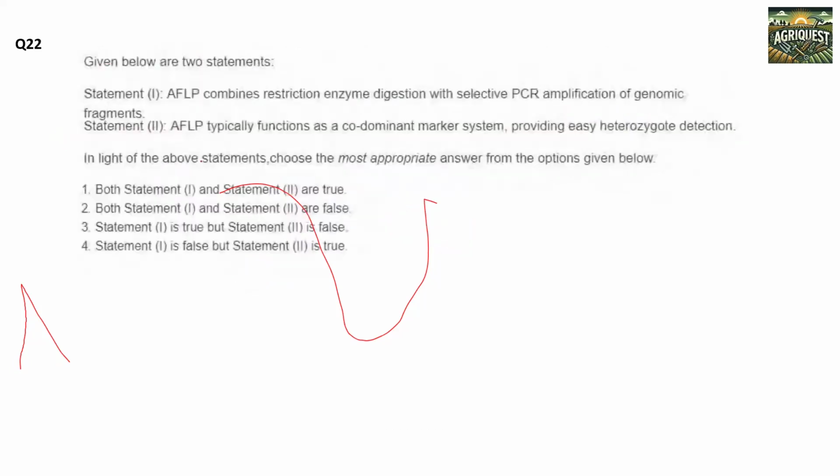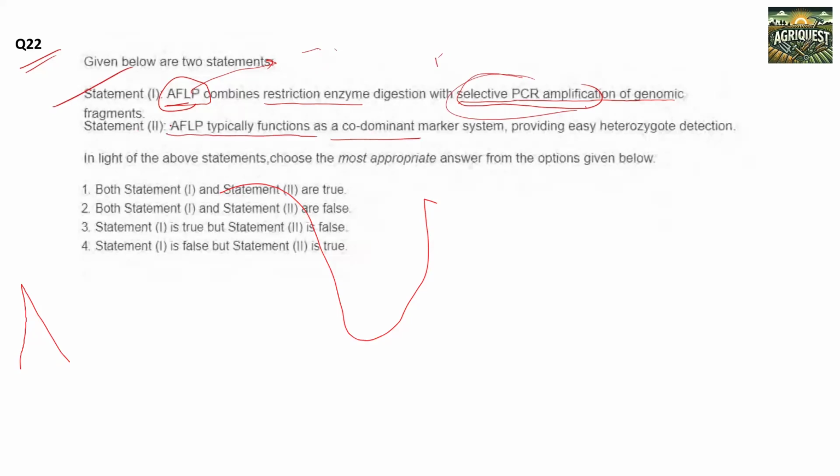Then question 22. AFLP, amplified fragment length polymorphism, combines restriction enzyme digestion with selective PCR amplification. I already told you that AFLP includes two digest enzymes. After the restriction digestion, they do the selective PCR. This is correct. Second option, AFLP typically functions as a codominant marker.